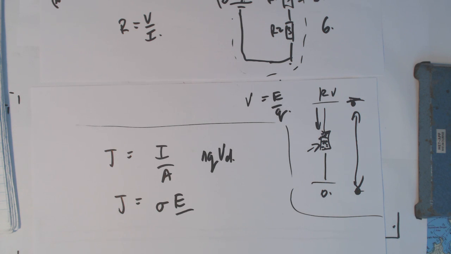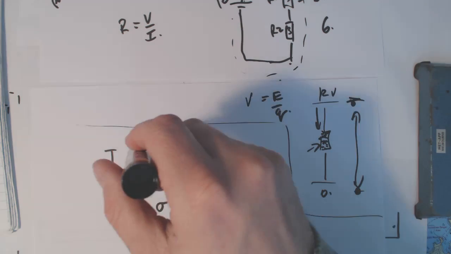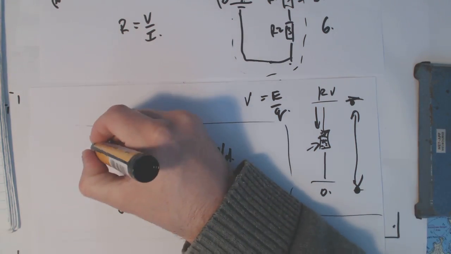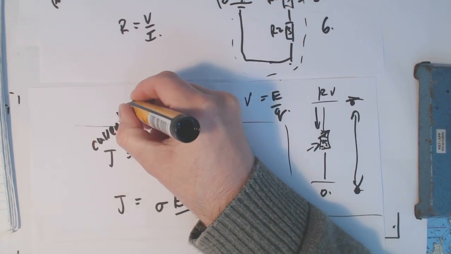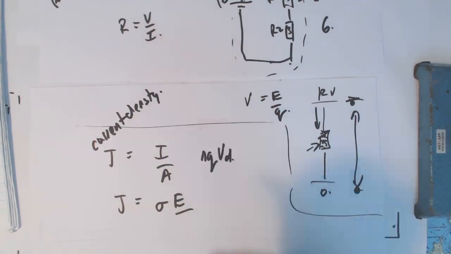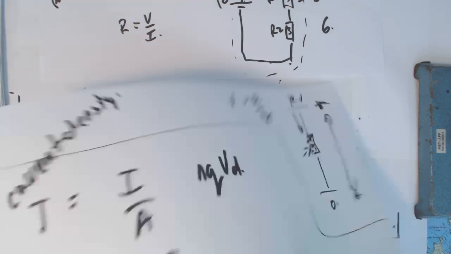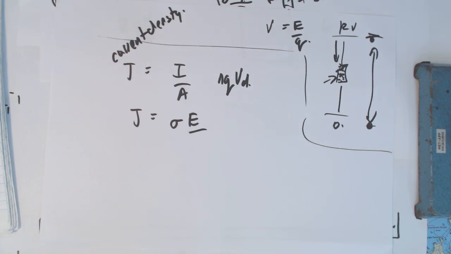So we've got these two equations here, and what we basically said is that current density is going to be the current per area, but we've also said current density is going to be proportional to the electric field. So we can equate these two, right?